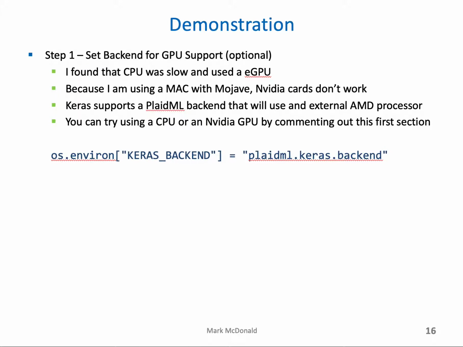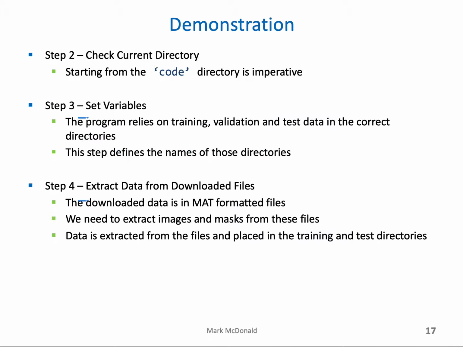So we'll go through the small demonstration. Step one is I set the backend to PlaidML to support my AMD eGPU. This can be commented out if you don't have a GPU or if you're using an NVIDIA GPU card. Then in the subsequent steps, we check to make sure that we're in the right directory.